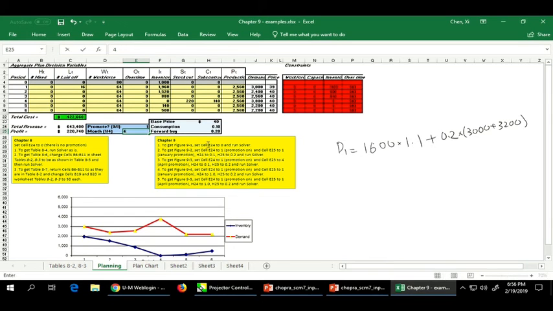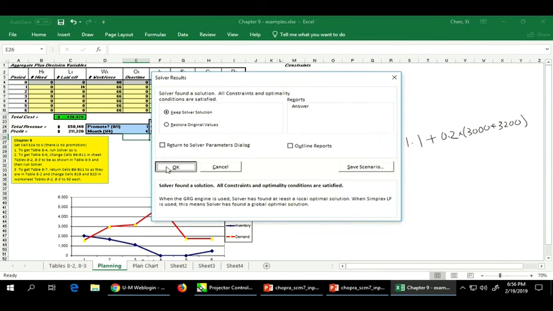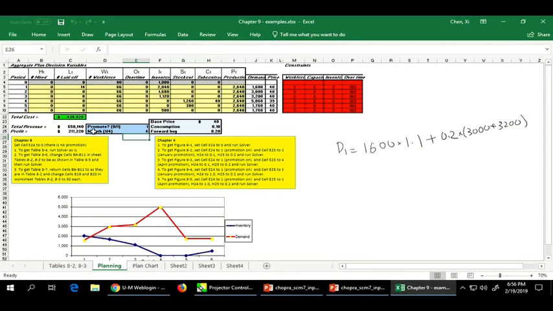If we promote in February, you can see demand is much more variable than promoting in January. So what's the effect on our aggregate plan and the total profit? So now the total revenue has indeed increased because of the increased demand during the peak period, but the total costs also increased.